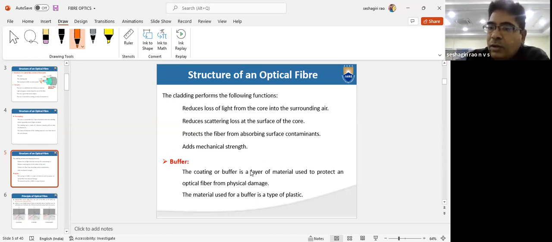So in order to retain the shape and size of the optical fiber, the buffer surrounds it. The material used for the buffer is a type of plastic.